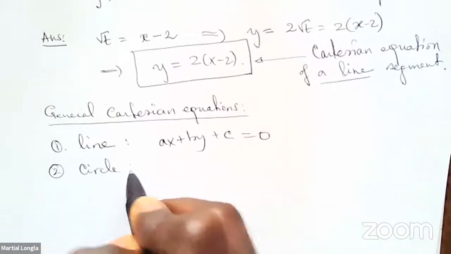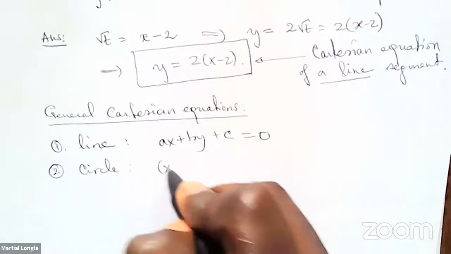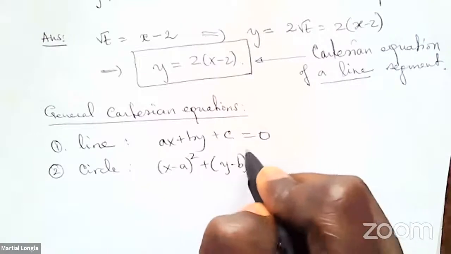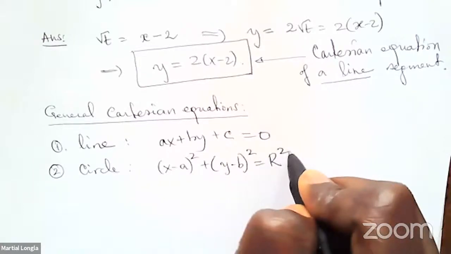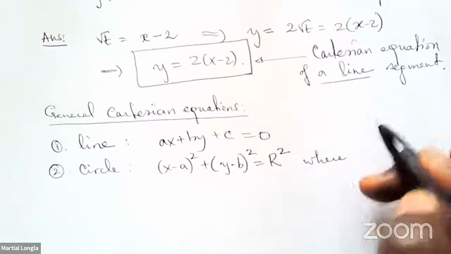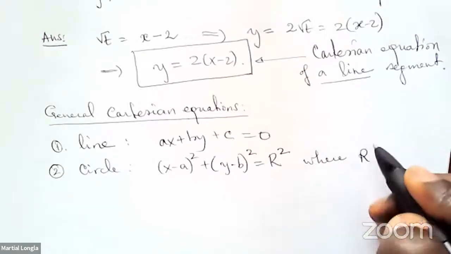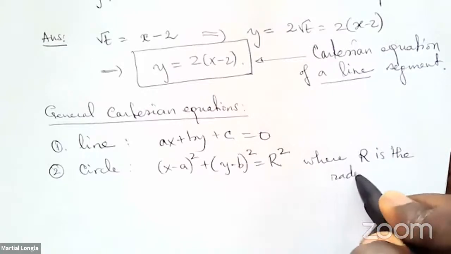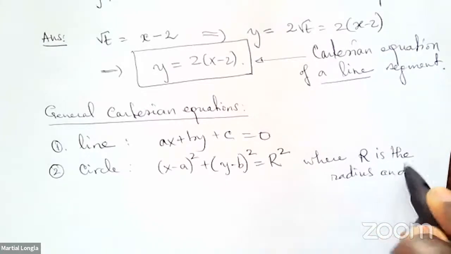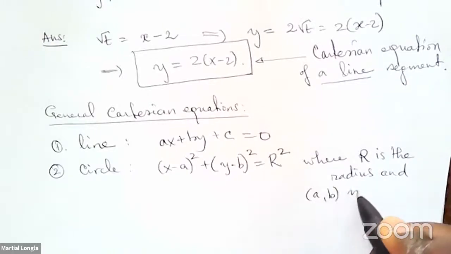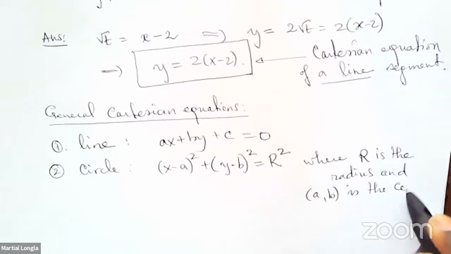Circle, that is x minus a squared plus y minus b squared equals r squared, where r is the radius and (a, b) is the center.